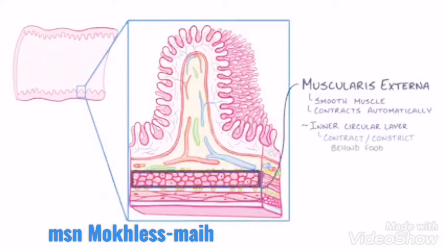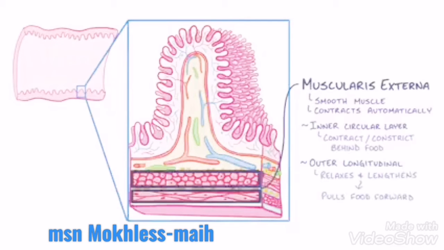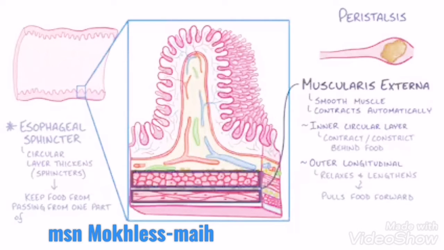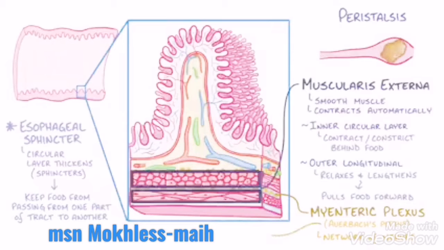The smooth muscle is responsible for many functions, such as movement of the food, absorption of the nutrients and absorption of the water, and it moves the food by peristaltic movement. The layers of the esophagus.